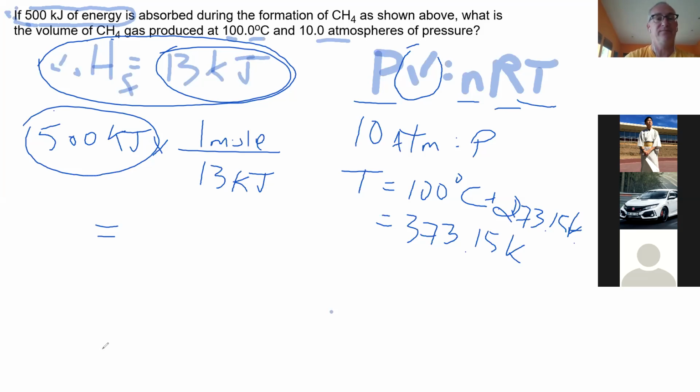So you use the ratio of kilojoules per mole to your advantage. Our kilojoules cancel and we're left with moles. If 13 kilojoules makes 1 mole, how many moles does 500 kilojoules make?